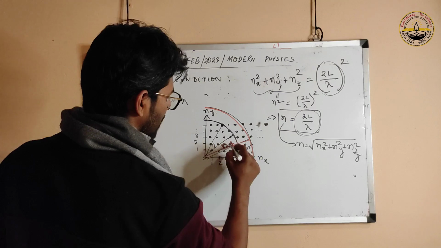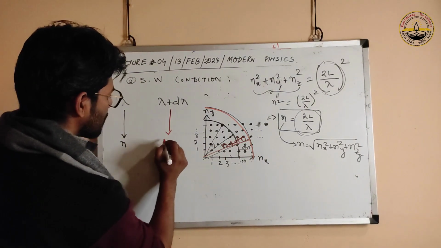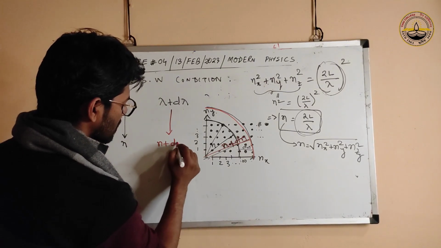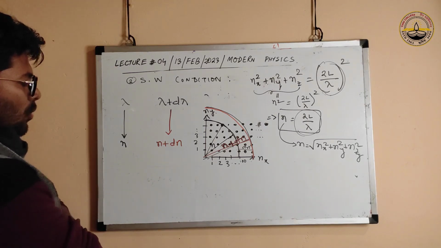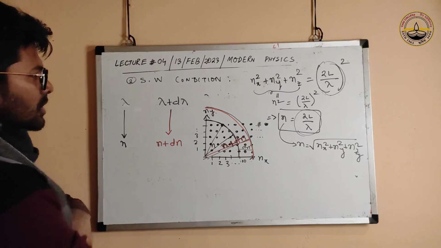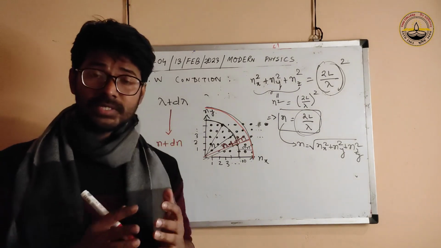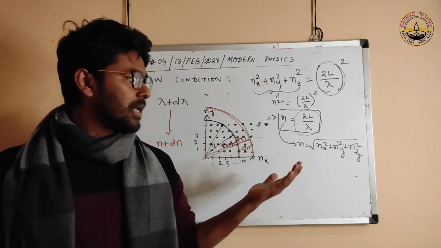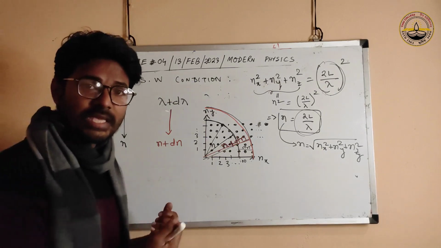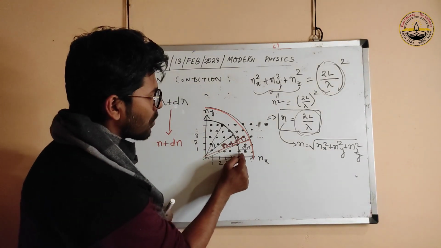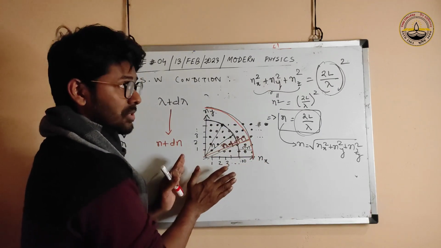This will be our n plus dn. So this will correspond to some n plus dn. So when we are saying how many waves are possible between the wavelength range lambda and lambda plus d lambda, we're basically asking how many points are within these two circles, in 2 dimensions.